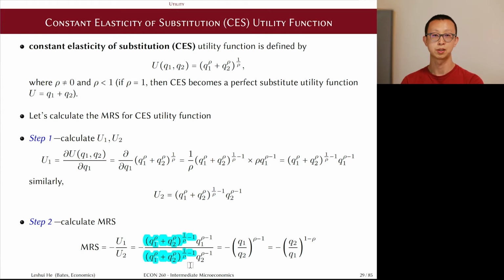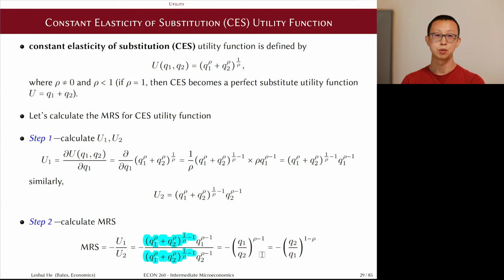So these two terms will just cancel out with each other. Magic! Voila! Suddenly, the marginal rate of substitution simplifies to something very simple, which is just minus of q1 over q2 raised to the common power of rho minus 1.